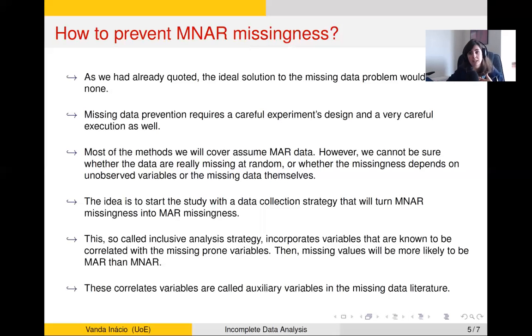Remember from the last video, when we condition on the observed variables, we need to make sure that all variables that are correlated with missingness are included in our missing data model. Collecting them and including them in the data set is the first step, obviously, but then we need to go further and include the variable in our model as well.